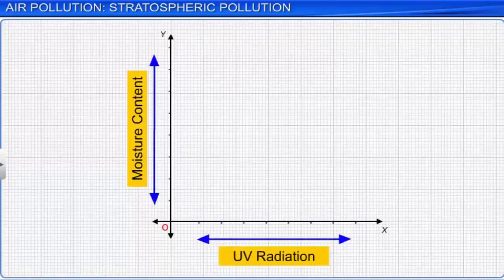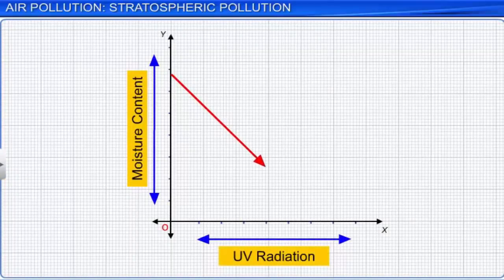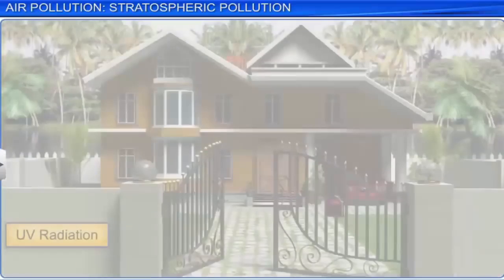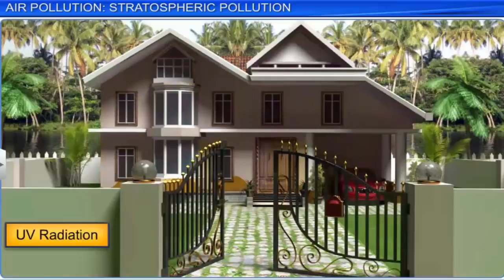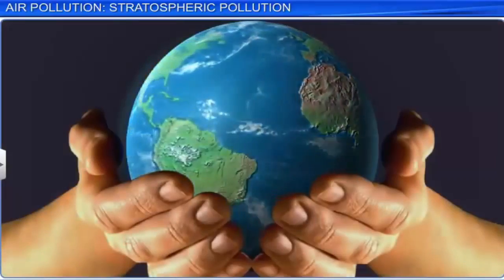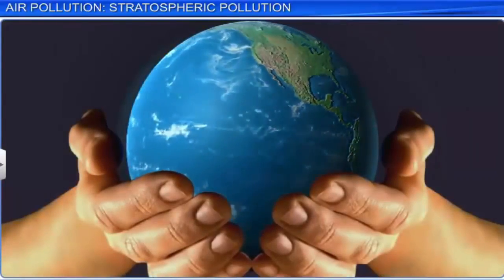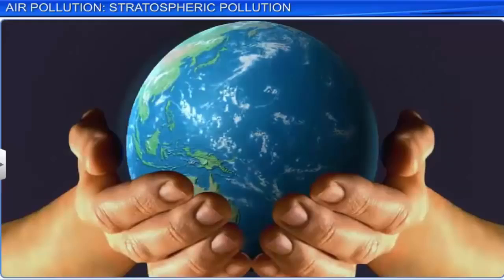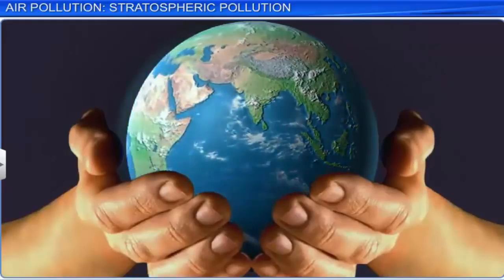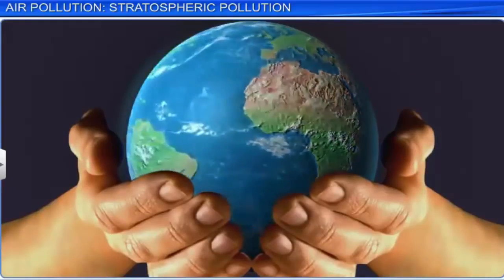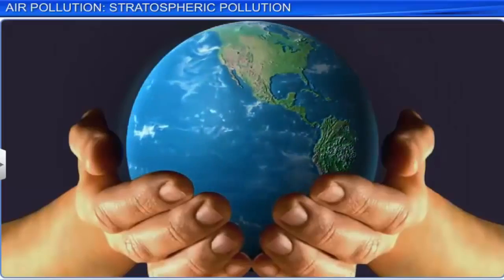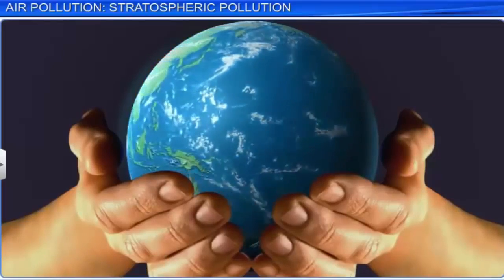UV radiation also decreases the moisture content of soil and fades paints and fiber, causing huge economic losses. Therefore, we all need to ensure a reduction in stratosphere pollution by reducing the use of chlorofluorocarbons, nitrogen dioxides, and methane-releasing compounds.